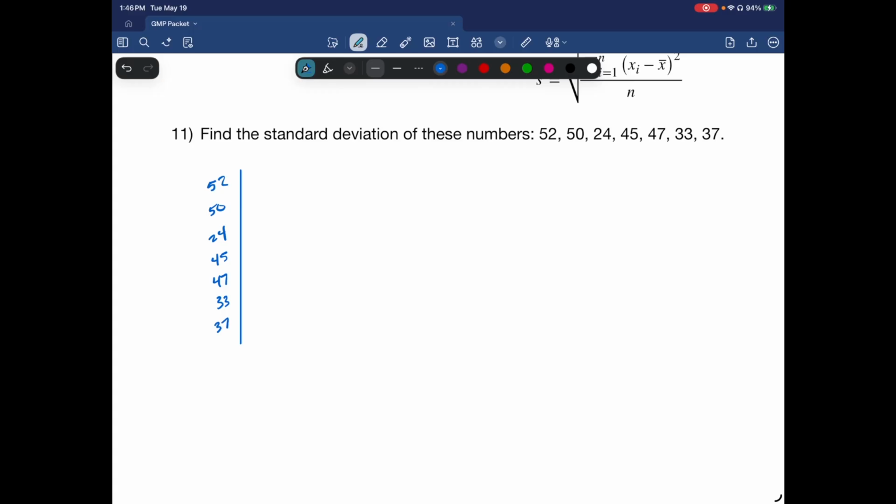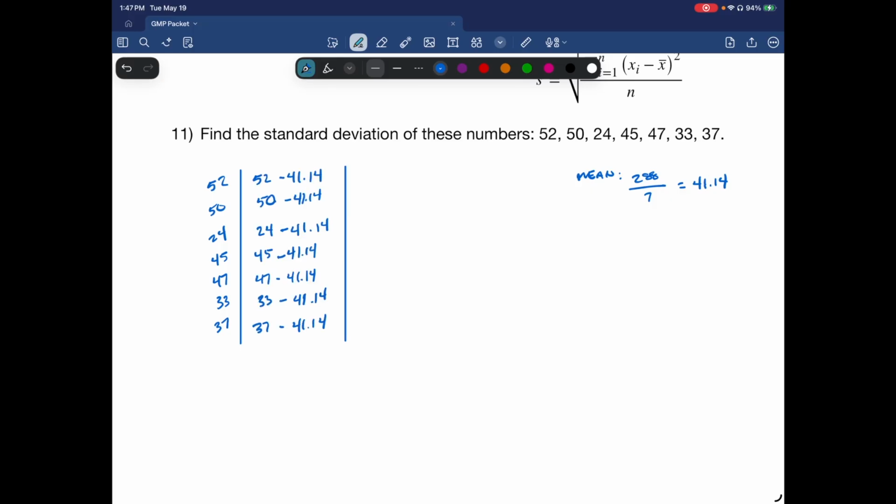So we need to find the mean. Add all these numbers up, you get 288, and divide by the number of terms, so 7. That gives me 41.14. Now I'm going to take each of these numbers on the left and subtract 41.14. On the first one, you get 10.86.